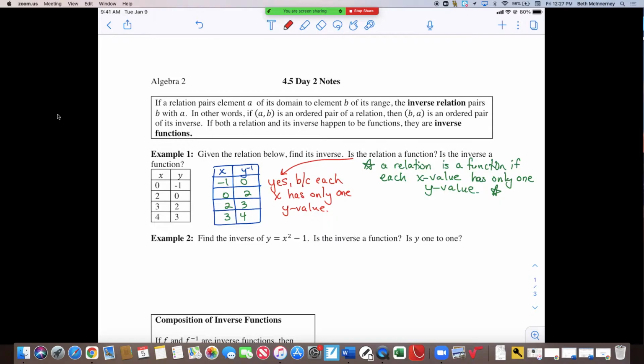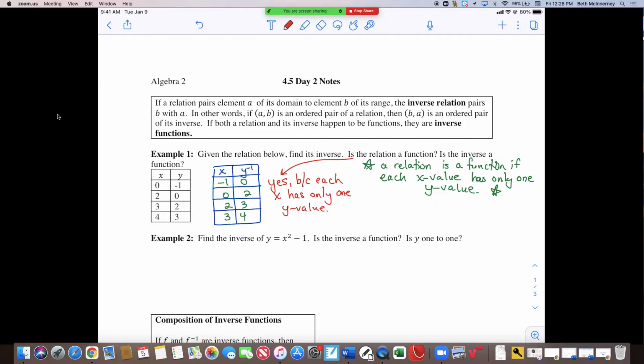Now, I'm going to ask you about the inverse, our new table. When I look at that new table, is the inverse a function? Looking at this new table, is it a function? Yes. Okay, yes it is.